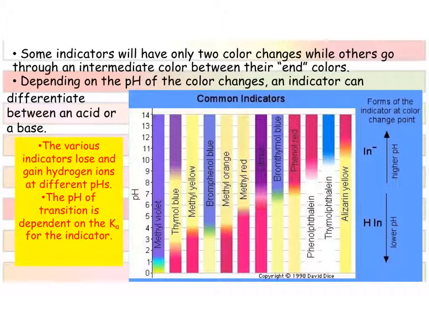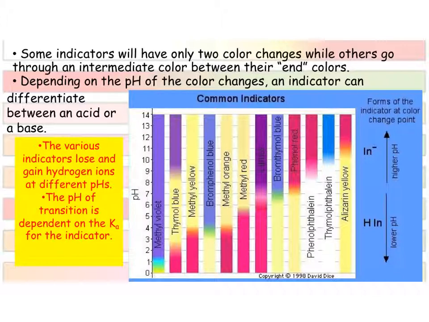Here is a big old chart that gives us a little bit of information about indicators. Some indicators only have two color changes. Others will have an intermediate color that is between their quote-unquote in colors. If you look at the pH of the color changes, indicators can help you differentiate between acids and bases.